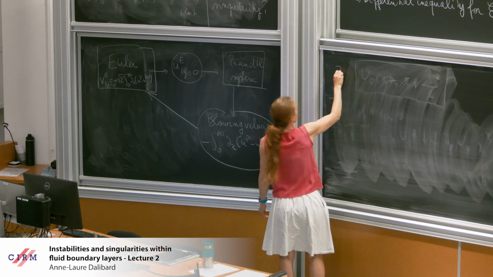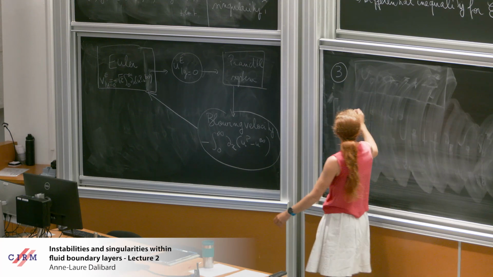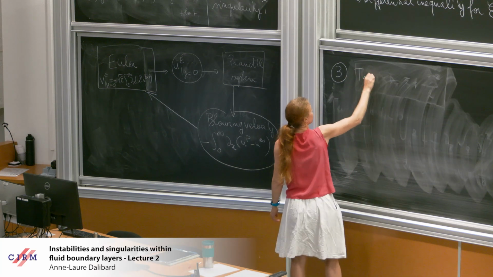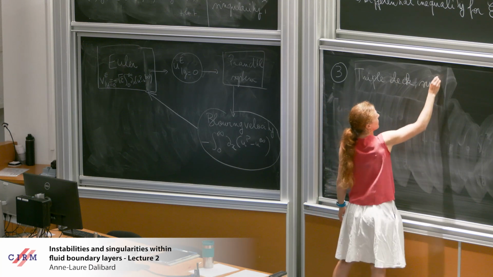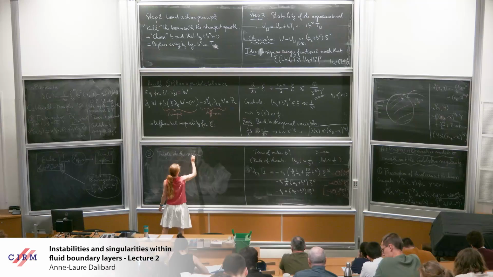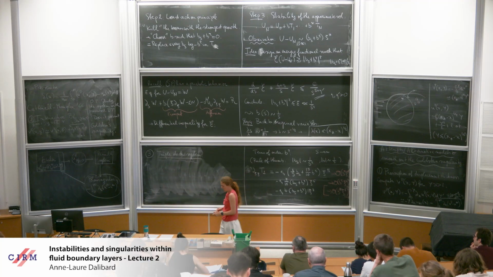And the third one, by increasing levels of complexity, is the triple deck system. Again, I'm not going to fully derive it because it's a bit complicated, but I'll try to just give you a flavor.